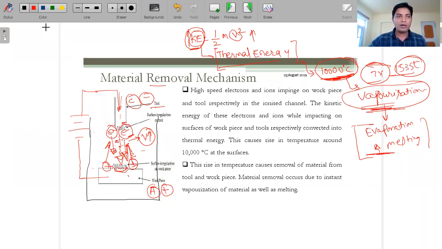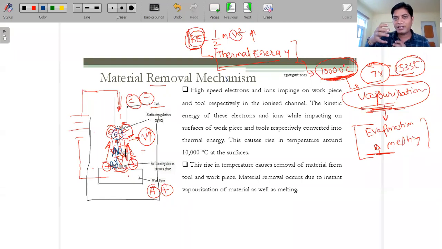Please keep in mind. Now let's move to another part which we discussed yesterday, and I will brief you on what we had gone through. These electrons are moving in this direction, and the positive ions are moving in this direction, at very high velocity.